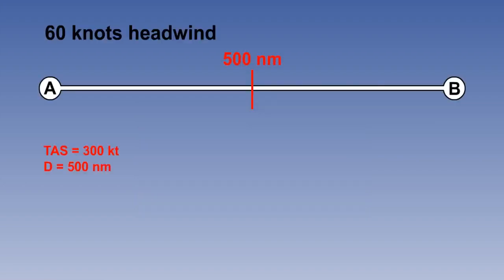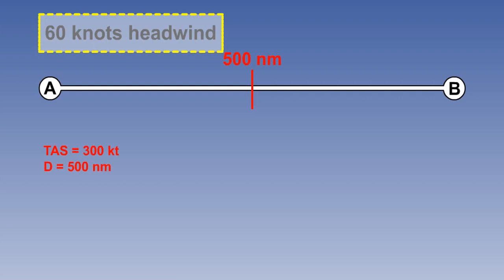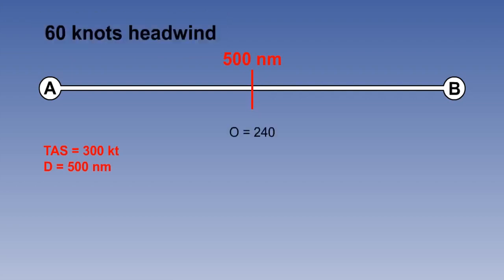Up until now, we have assumed that the wind component remains constant all the way along the route. For instance, in this example, we had a total distance of 500 nautical miles and a true airspeed of 300 knots. The wind component was 60 knots head. This was valid for the whole of the route. This made O, the onward ground speed, 240 knots.